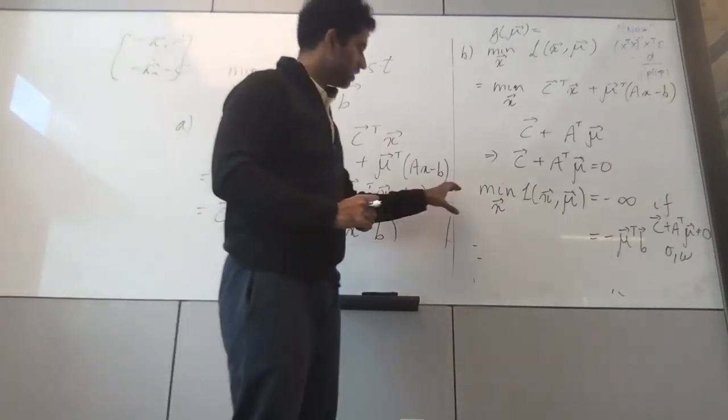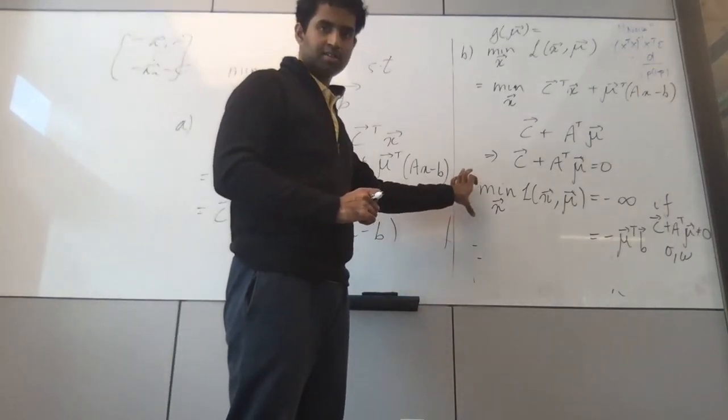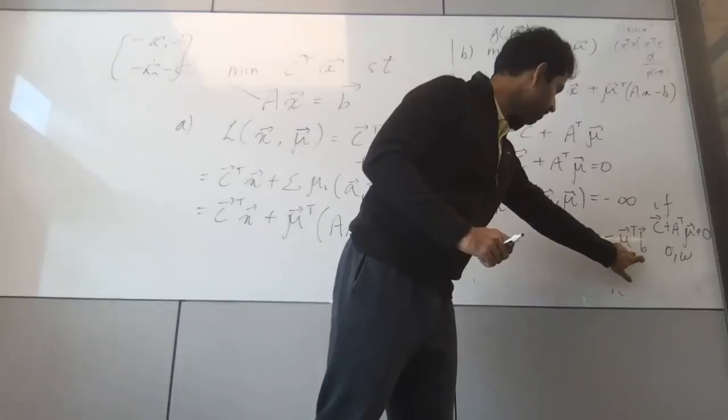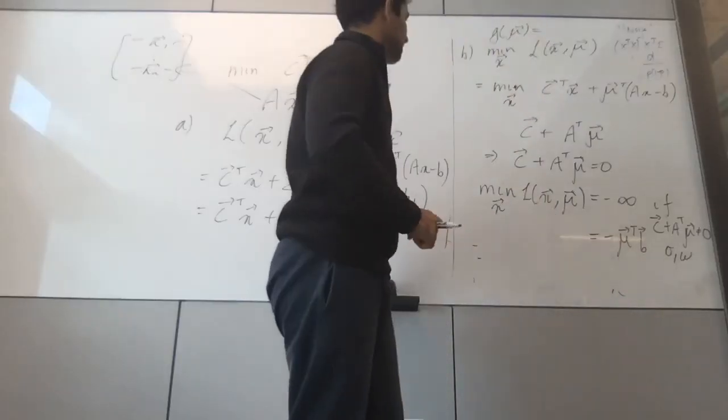Wait, does it make sense? Can you explain again why otherwise it would be equal to negative mu transpose times b? Oh, this thing here? Yeah. Sure.